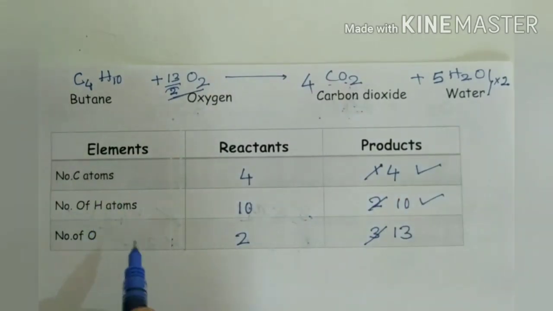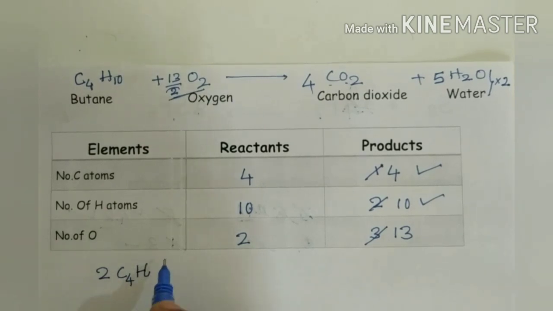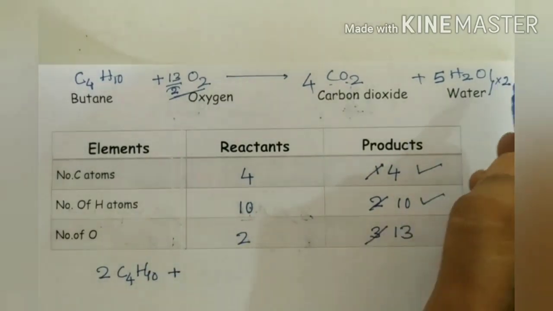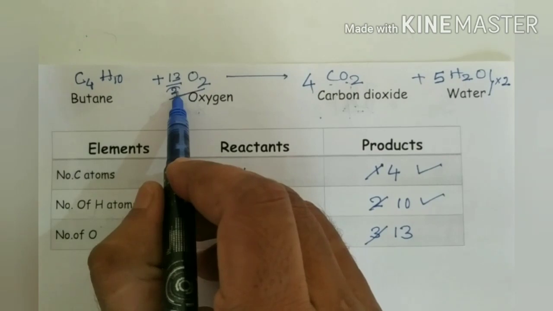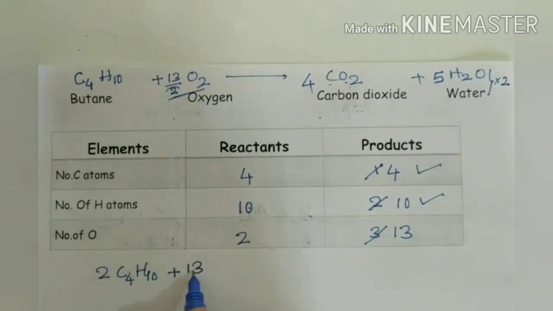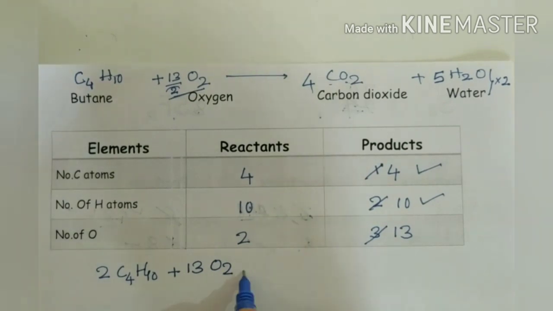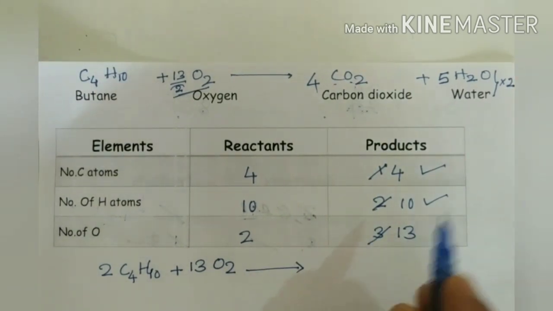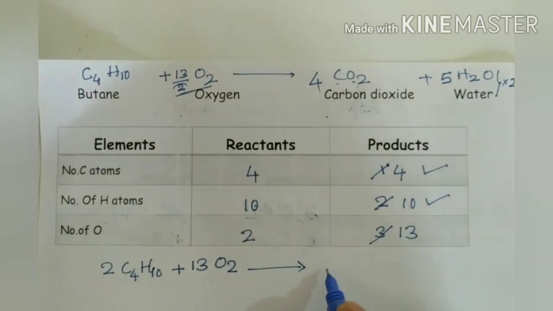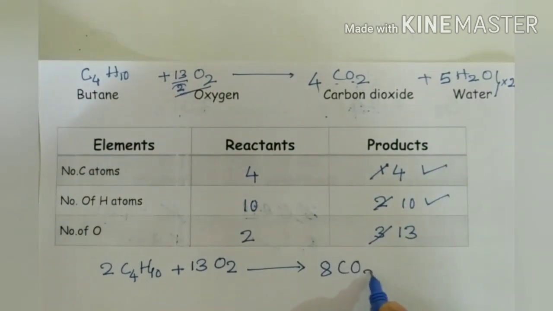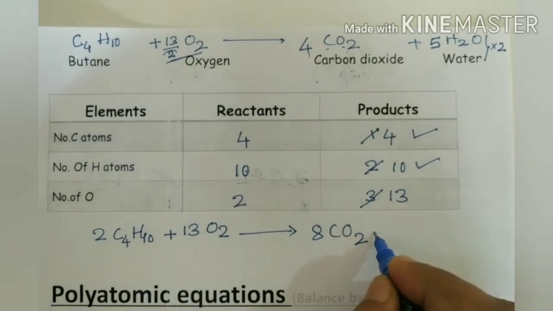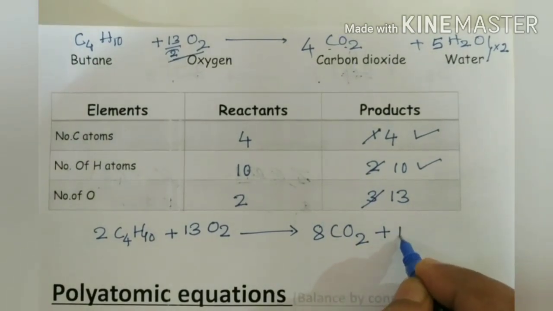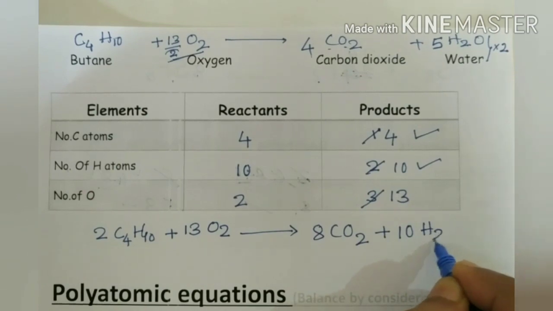When you write like this, what does it become? It becomes 2C4H10 plus, 13 by 2 into 2 means 13 O2, arrow mark. 4 into 2, that is 8 CO2, plus 5 into 2, 10 H2O.